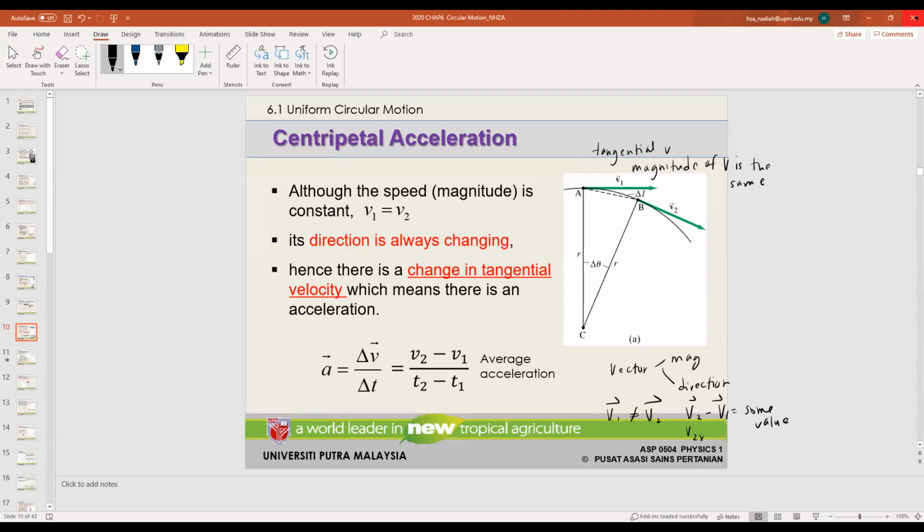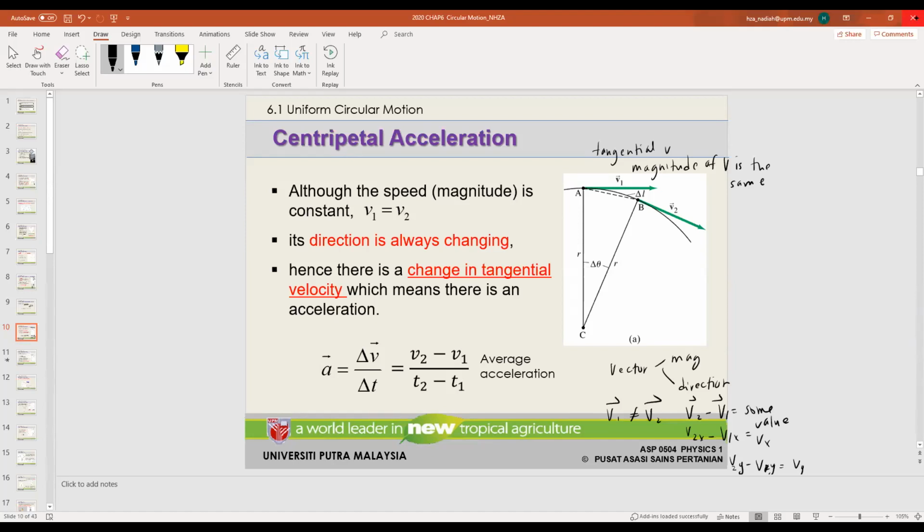So here I have to resolve V2x minus V1x, some x value, and V2y minus V1y, and there is some vy value. So a vector that does not have the same direction is not equal to 0.